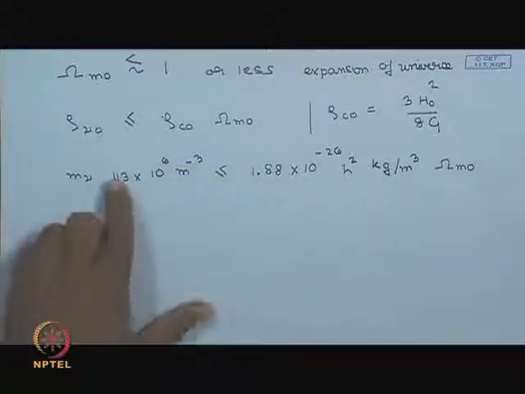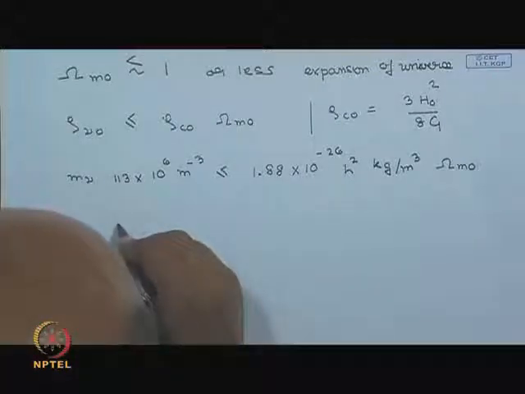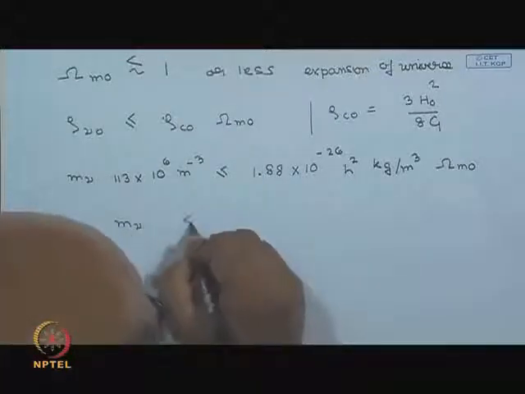So, what it tells us is that m nu, the mass of the neutrino, should be less than or equal to this.